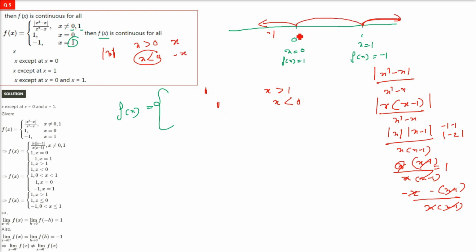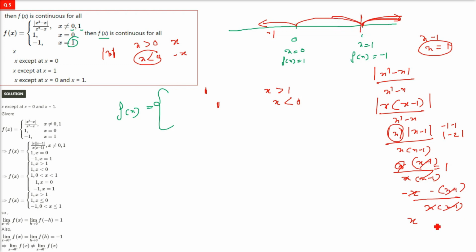Now let us see what is between 0 and 1. If it is between 0 and 1, so the x will give you positive when you remove the modulus, and x minus 1 will be negative. Why is it negative? Because x at 1 decides for x minus 1 whether it is positive or negative. So this is the boundary of x. Right side it is positive, left hand side is negative.